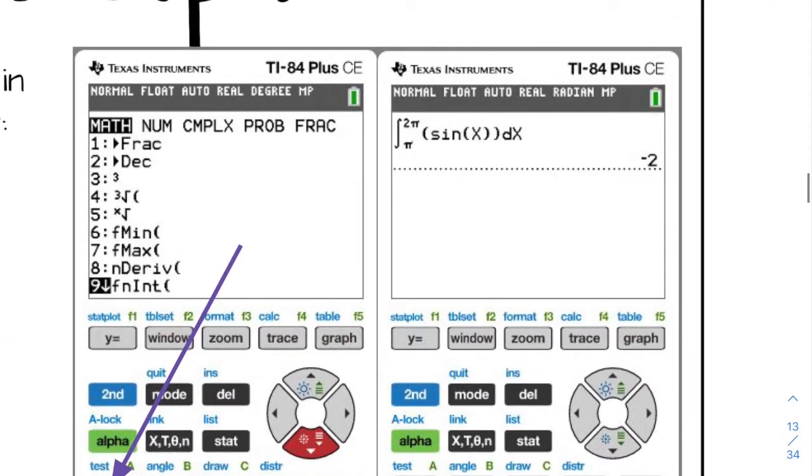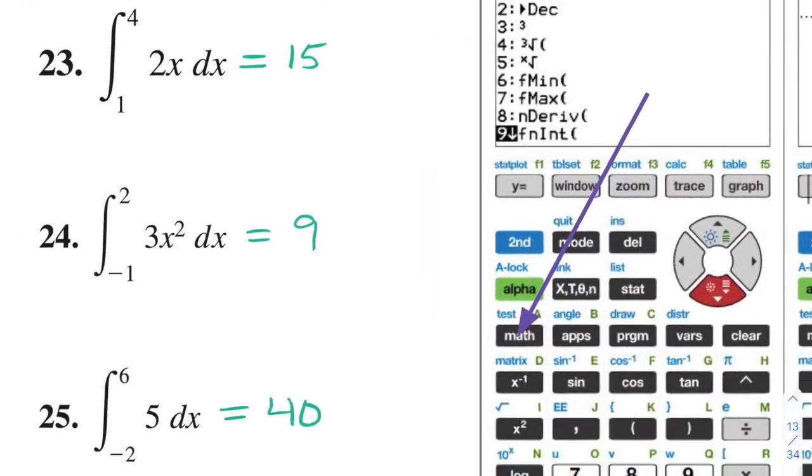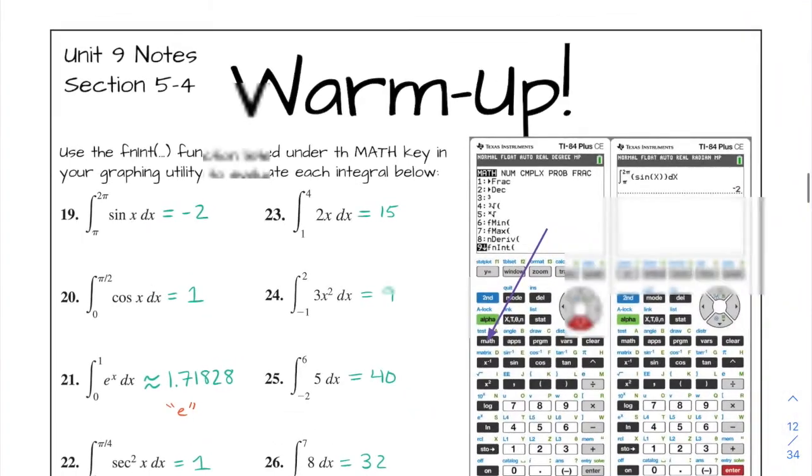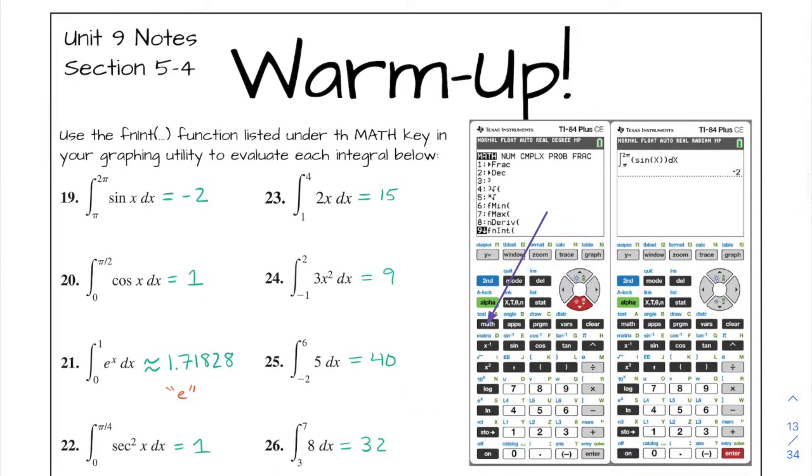It's going to give you four boxes. You're going to want to type in your lower limit, your upper limit, and your function in terms of x. For this warm up, you can pause it at this point if you have a graphing utility.